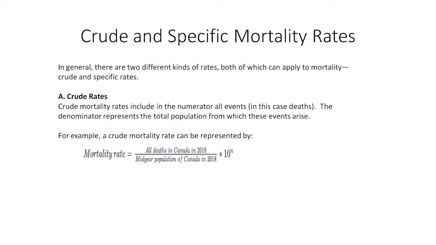The denominator represents the total population from which these events arise. For example, a crude mortality rate can be represented by all deaths in a country, for example in the year 2018, divided by the mid-year population of the country in this year, multiplied by 10 to the n.